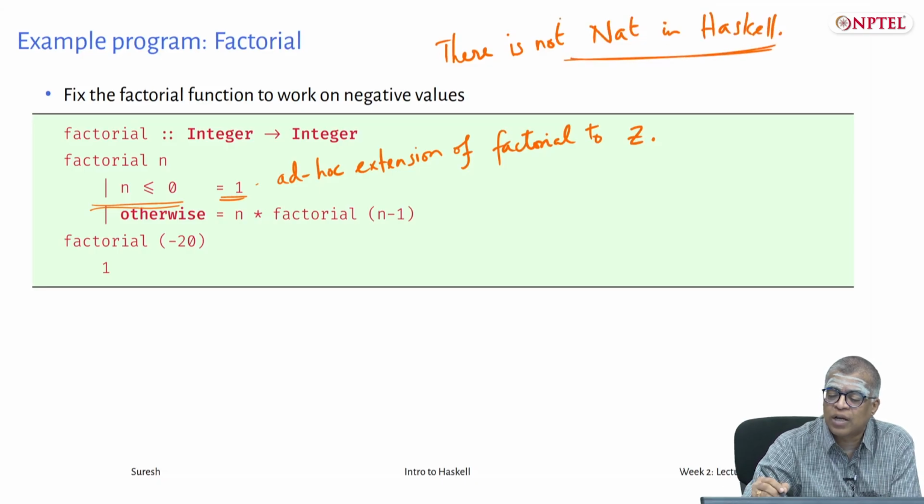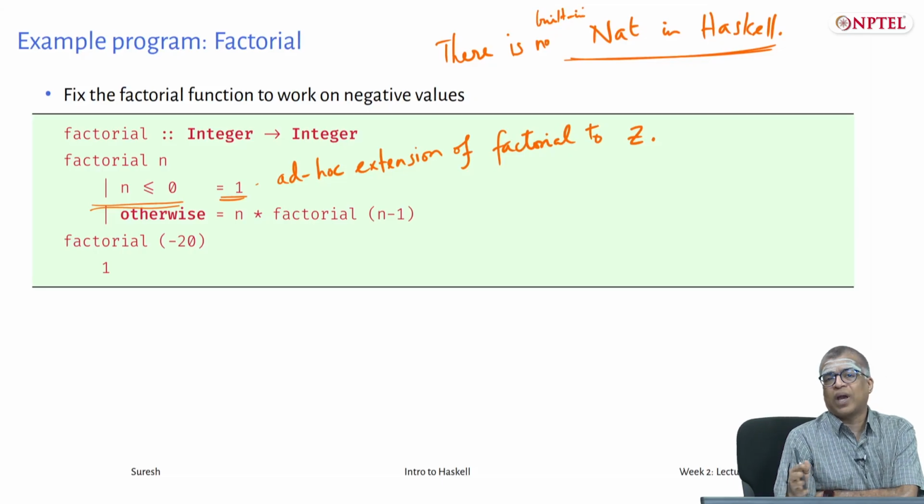There is no built-in natural number. You can use it using some libraries, but by default there is no NAT in Haskell because it's costly to provide only NAT without providing int.